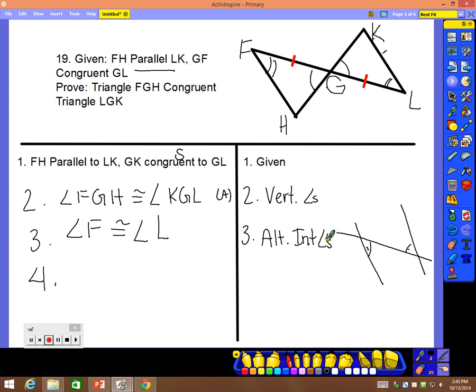And now it looks like I have another angle, and I'm ready to go angle, side, angle. So I'm ready to prove triangle FGH congruent to triangle LGK, and that was because of angle, side, angle. That's 19.